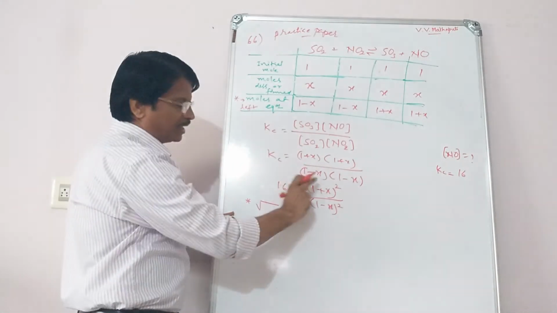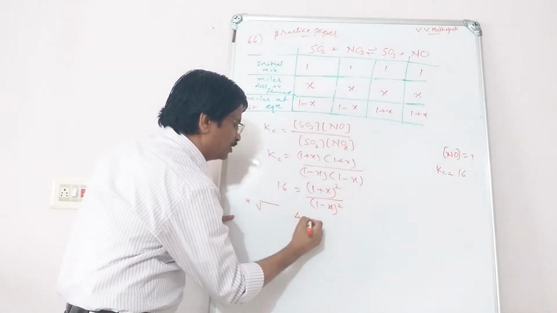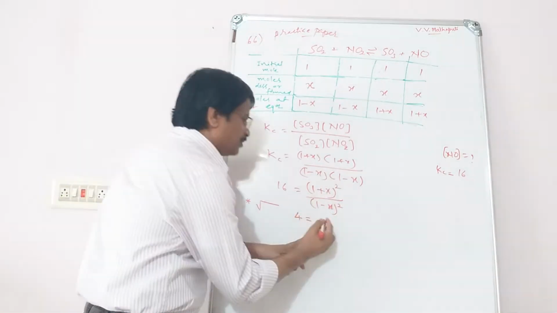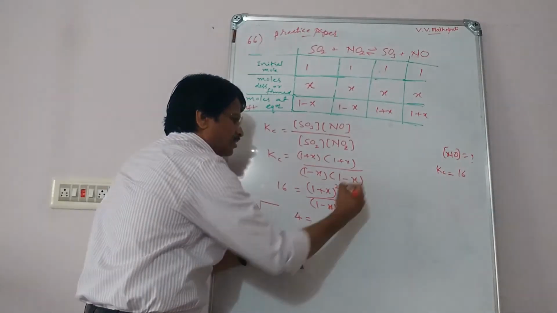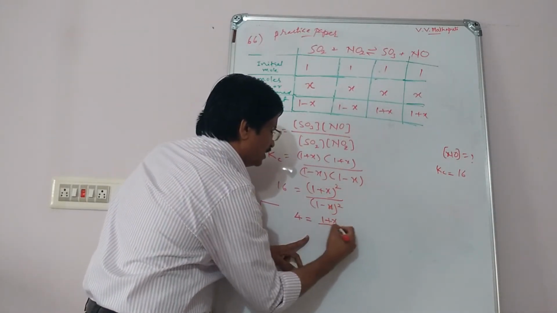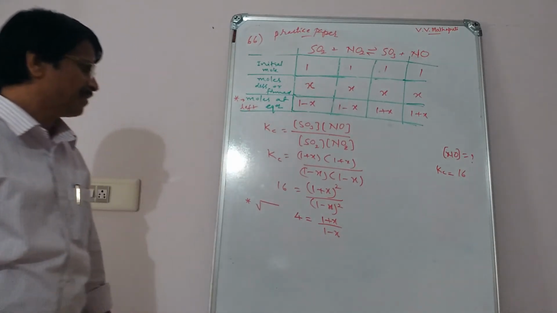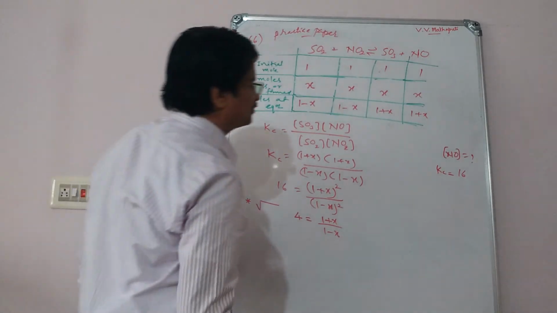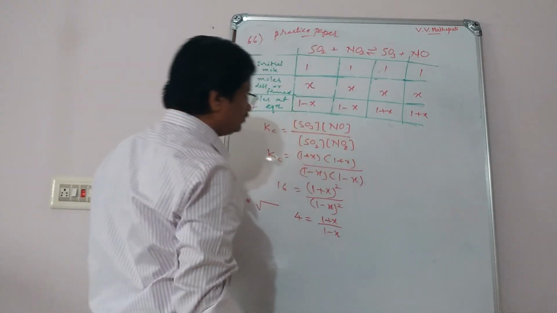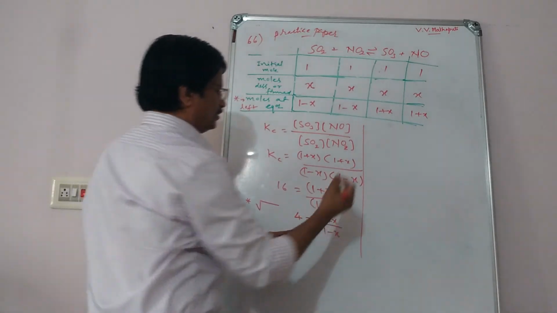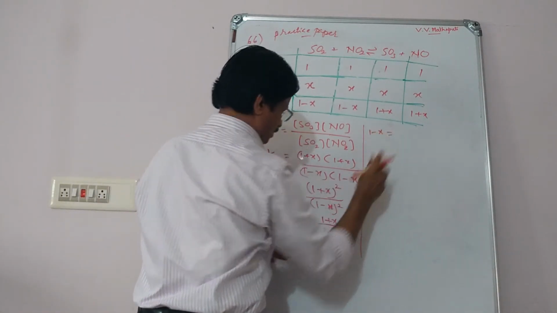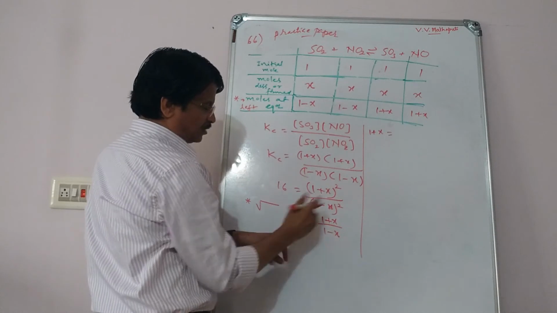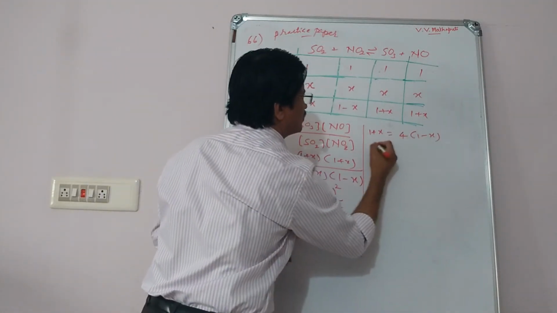Then when you take the square root on both sides, we get 4 equal to the square root of 16. So 4 equals 1 plus x by 1 minus x. Therefore 1 plus x equals 4 into (1 minus x).